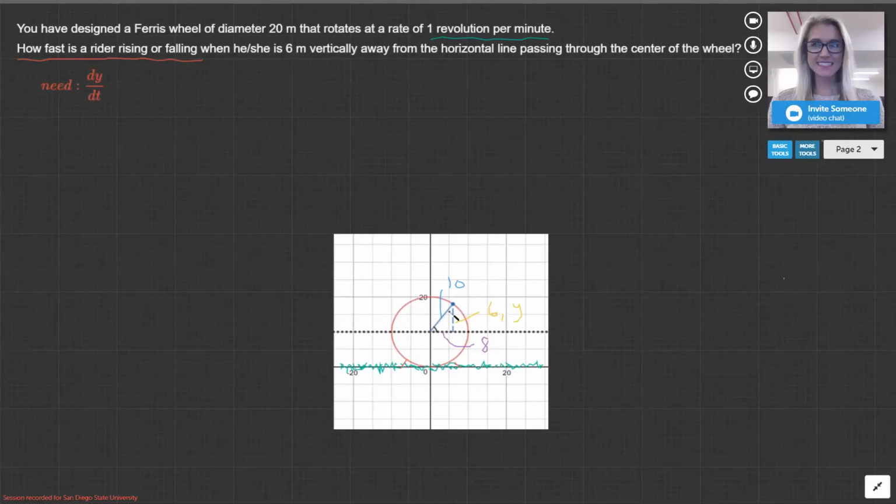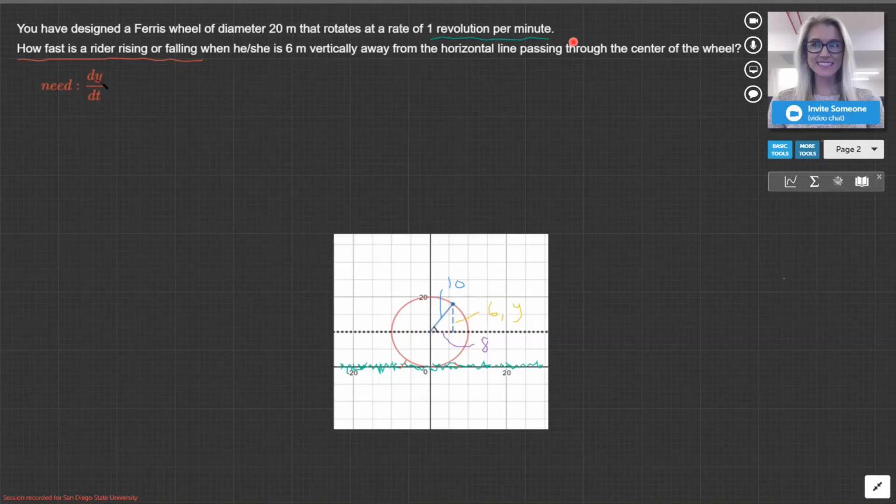I said, okay, so if that's 10 meters for the radius, this could be like our y, or 6 meters when it's 6 meters vertically away. And then later you'll see how we solve for 8. So how fast is it rising or falling?